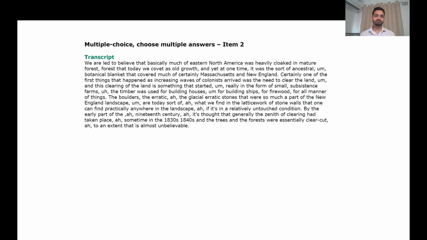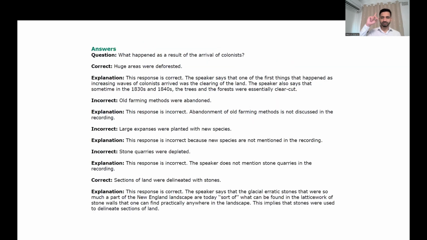By the early part of the 19th century, it's thought that generally the zenith of clearing had taken place sometime in the 1830s, 1840s, and the trees and the forests were essentially clear-cut to an extent that is almost unbelievable, right? So we talked about deforestation. Now, let's review the options.